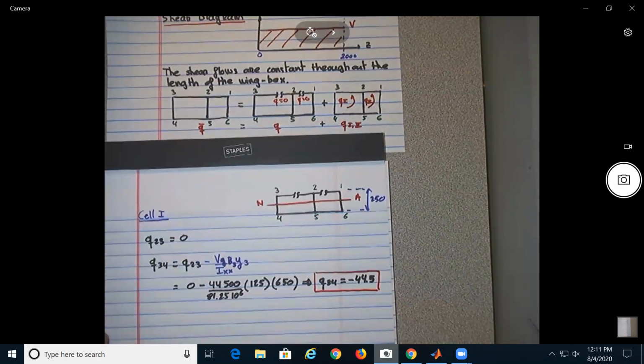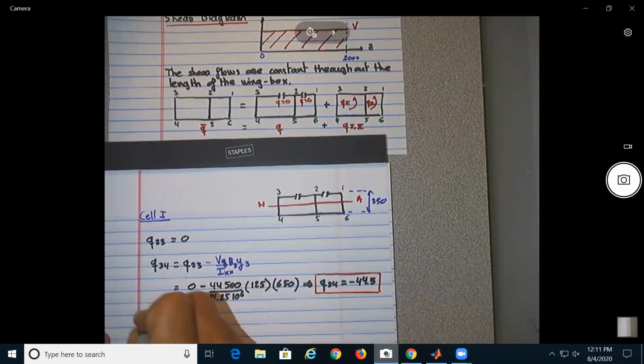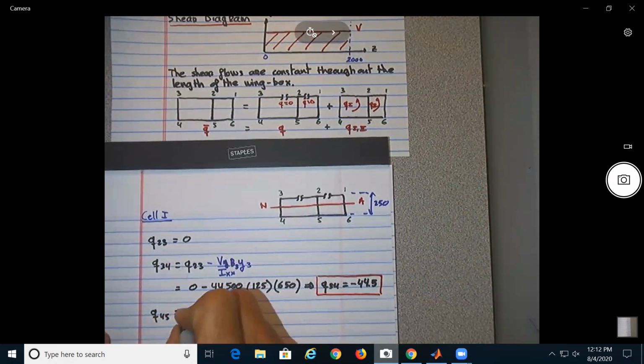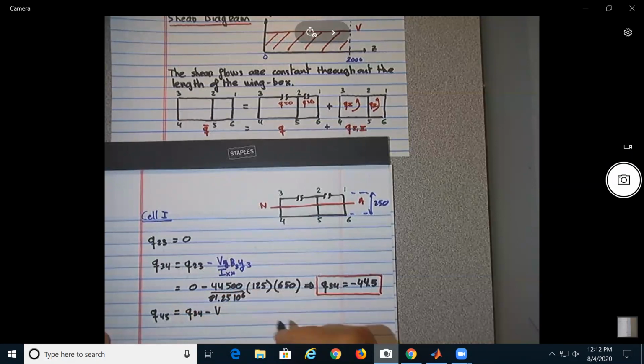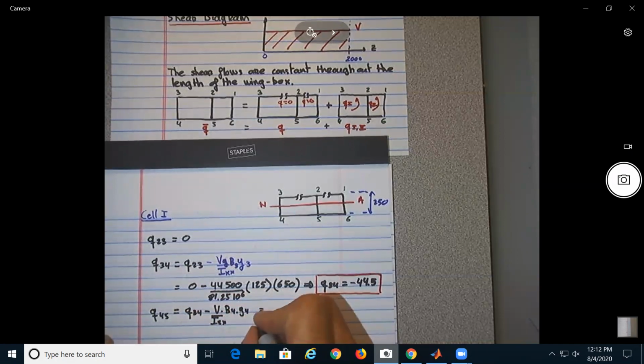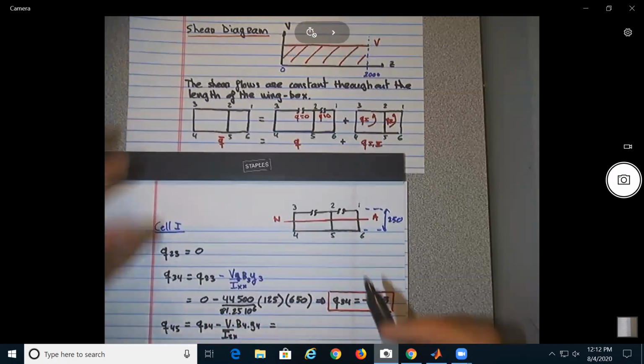So similarly, we're not going to do as much detail, but we'll have Q45 equal to what? Q34 minus V B4 Y sub 4, and if we do the calculation, you can use your common sense.